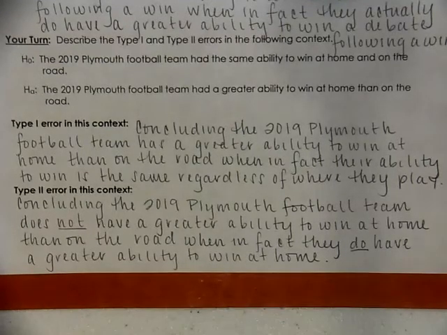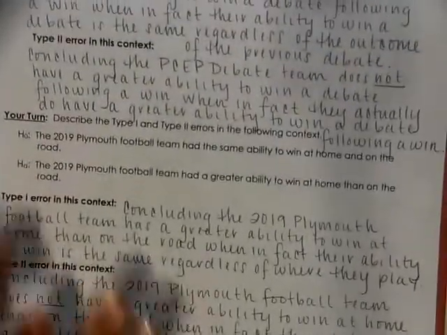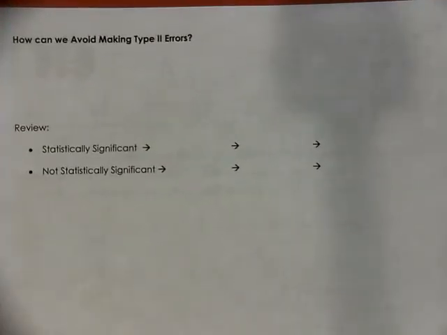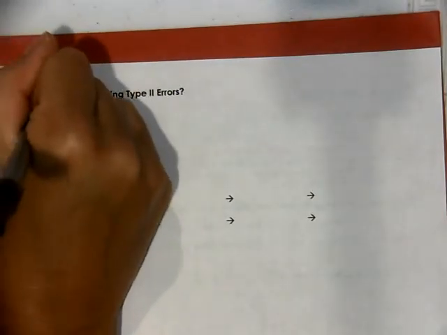So, how can we avoid making type 2 errors? Okay? Well, we can actually look at a larger set of performances, or in other words, more data.